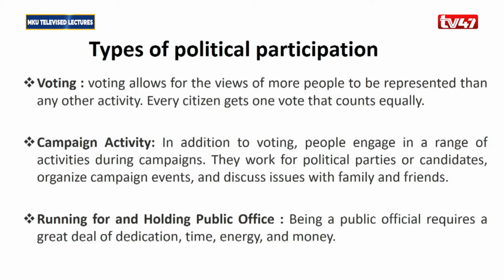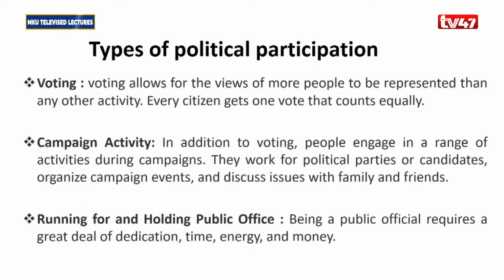The other way is the campaign activity. If you want to be elected, or if you are campaigning for a candidate to gain a political seat through the voting process, then that is a campaign activity, which is political participation. In addition to voting, people engage in a range of activities during campaigns: they work for political parties or candidates, organize campaign events, and discuss issues with family and friends.